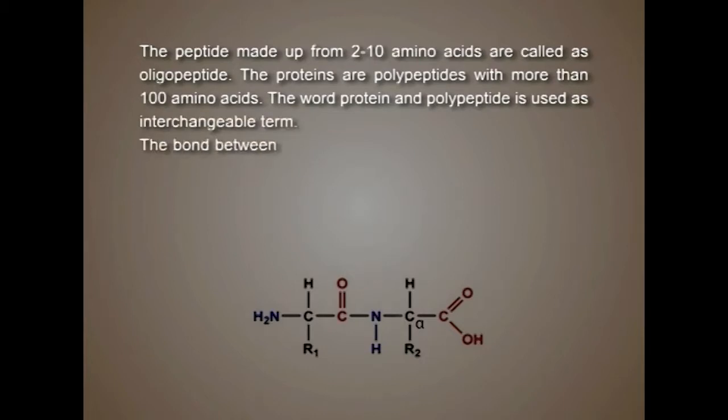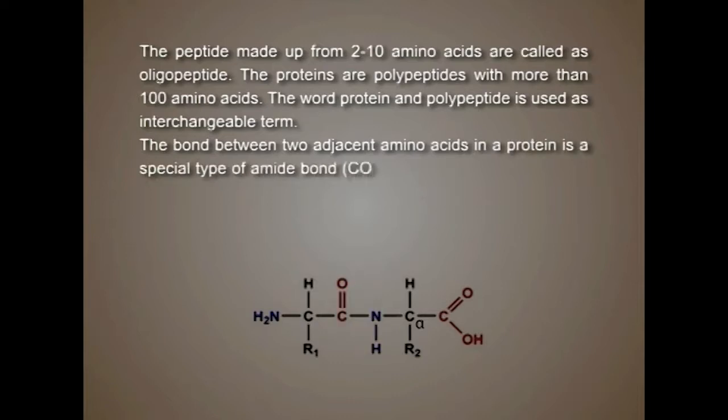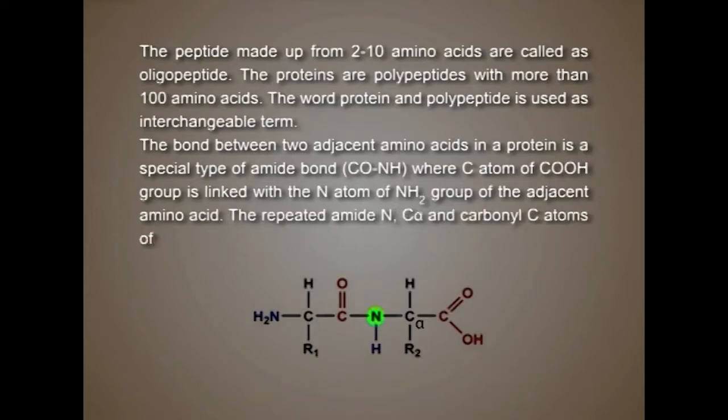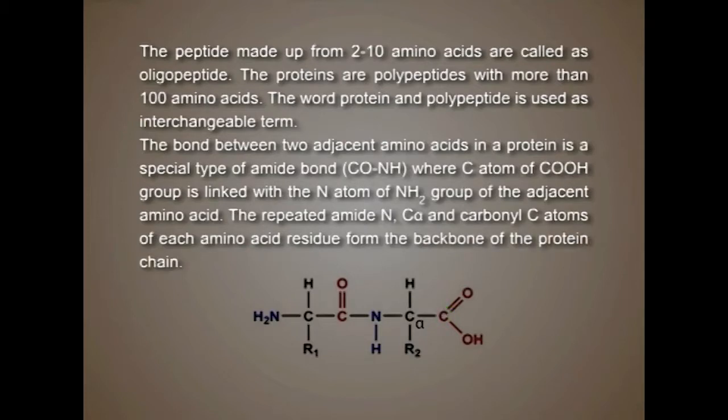The bond between two adjacent amino acids in a protein is a special type of amide bond, CONH, where the carbon atom of the COOH group is linked with the nitrogen atom of the NH2 group of the adjacent amino acid. The repeated amide nitrogen, alpha carbon and carbonyl carbon atoms of each amino acid residue form the backbone of the protein chain.